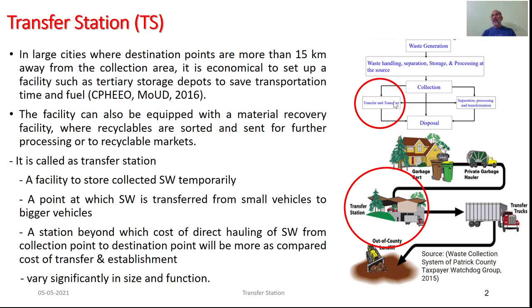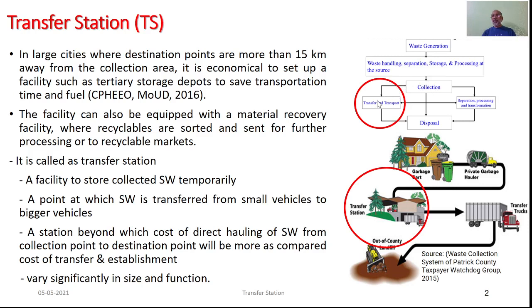Now, at this particular junction, we wish to have that collected waste transferred to some activity. Hence, here what we need is a transportation mechanism in between these two.